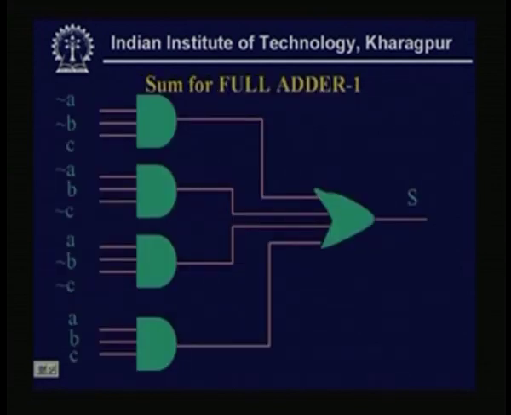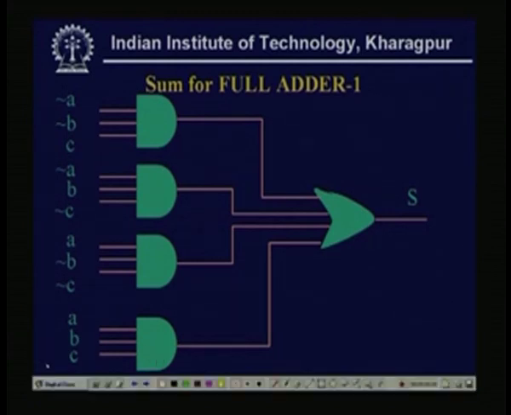The inputs of the AND gates are A dash, B dash, C; A dash, B, C dash; A, B dash, C dash; and A, B, C. That means both complemented and uncomplemented variables are available, and one 4 input OR gate. So, this gives the sum.